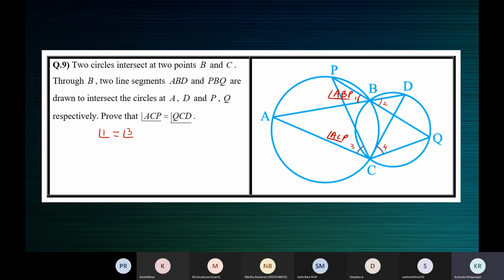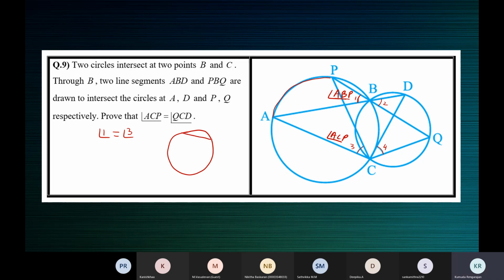So angle ABP and angle ACP are two angles subtended by the same arc AP at the points B and C on the circumference. Angles in the same segment of a circle are equal. See, there is a circle, the first circle.